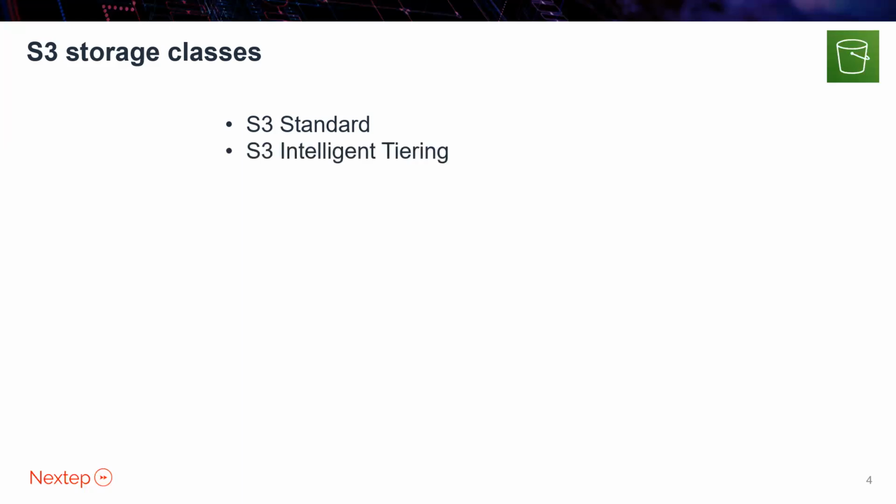There is a less expensive one called S3 Intelligent-Tiering. With S3 Intelligent-Tiering, let's say you don't have specific usage patterns. Sometimes you use it very frequently, sometimes less frequently. My clients' monthly statements, they use once a month.